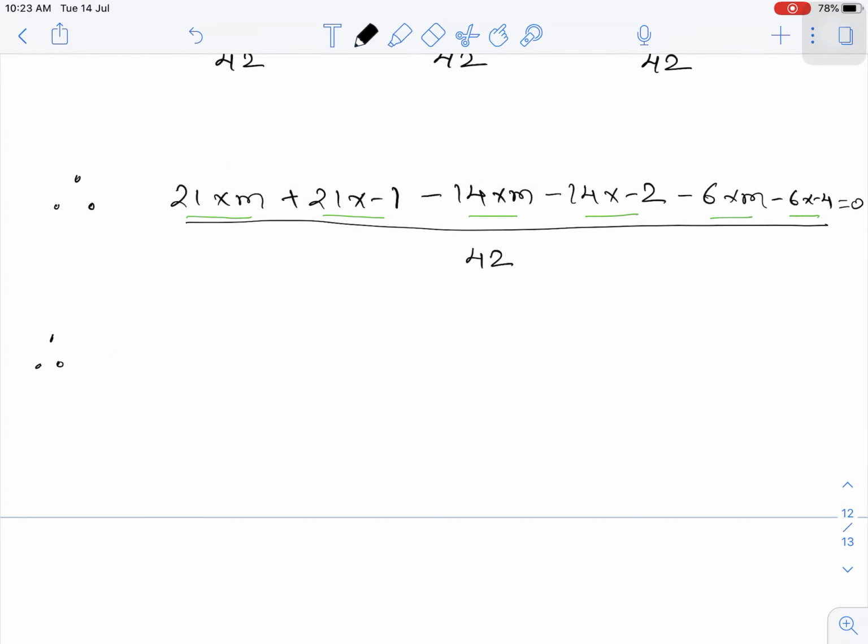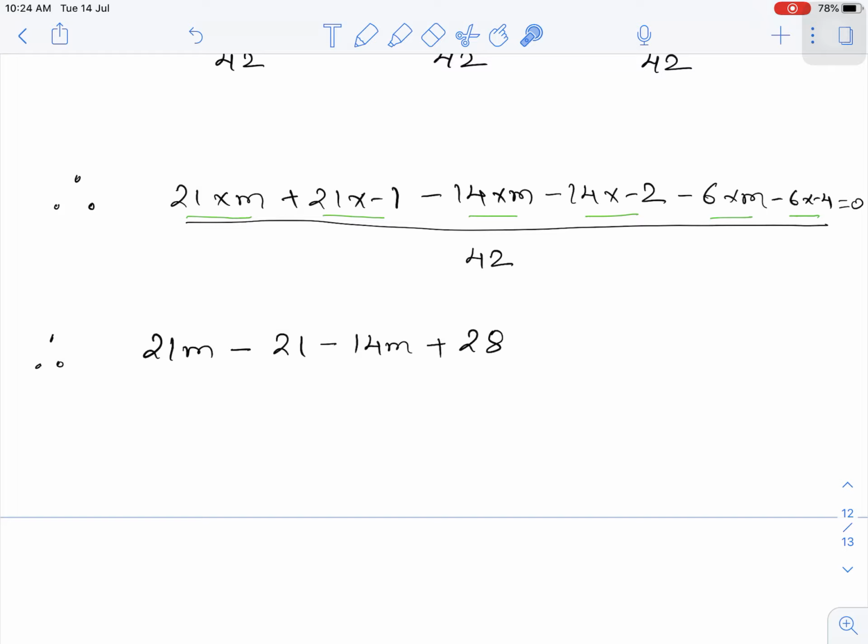Now 21 into m, so it will become 21m, then plus into minus will become minus 21 into 1 will become 21, then again minus into plus will become minus 14 into m will become 14m, then again minus into minus will become plus, and 14 into 2 will become 28.